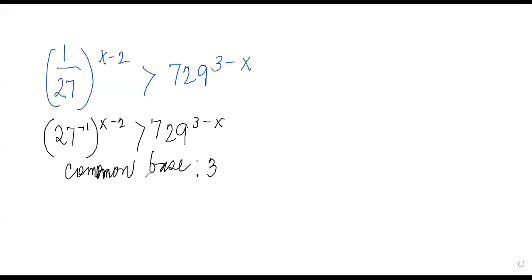Now, if 3 is the common base, let's search for the power of 3 with 27 and 729. So, 27 is equal to 3 raised to 3. And 729 is 3 raised to 6. Okay, don't forget yung mga exponent na iba.